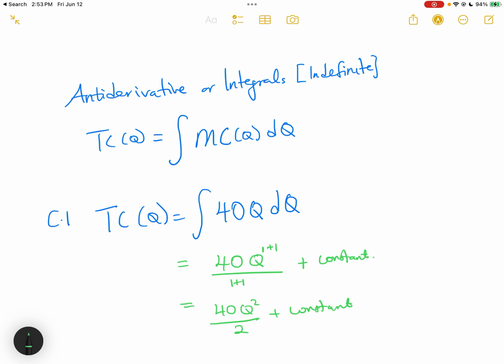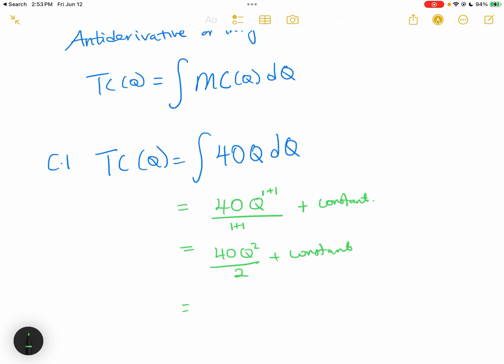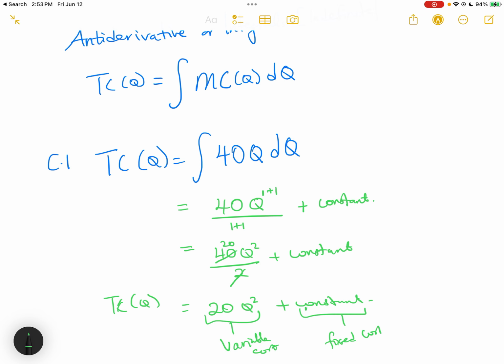Are we done? No. One more second and we'll be done. The 2 goes into the 40 20 times, and so we have 20 q squared plus the constant, whereby this is total cost, and so what we have here, the 20 q squared, is the variable cost, and so some constant is the fixed cost. Now, what is the constant? We don't know. We just have a constant to account for the fact that fixed cost is a constant value.